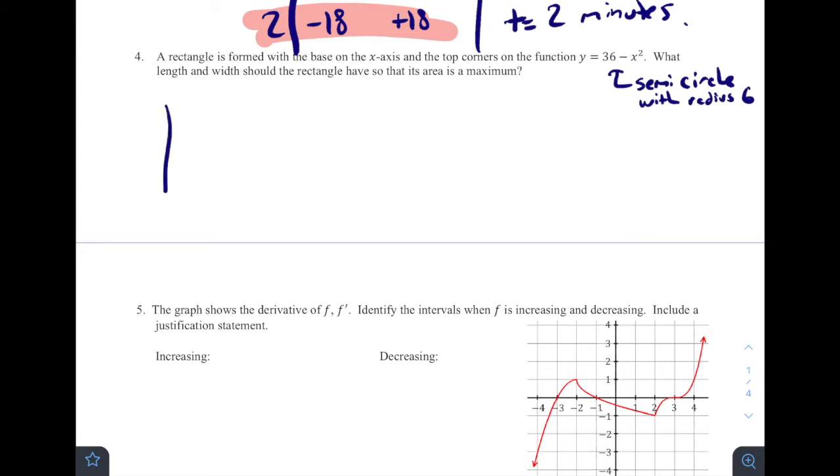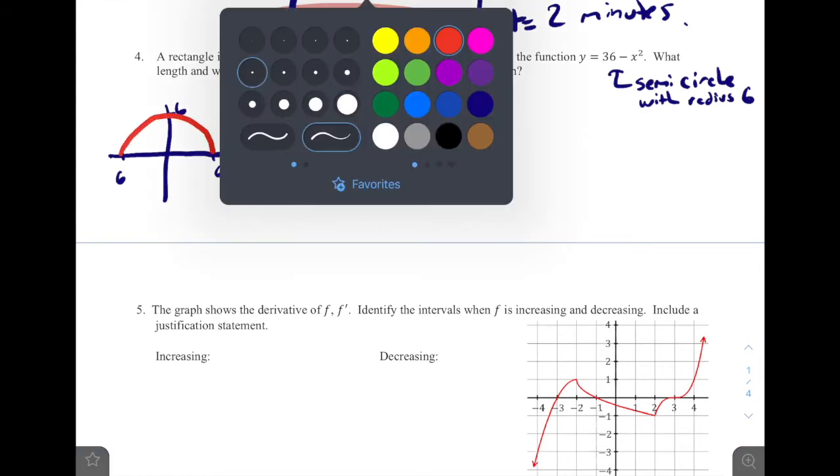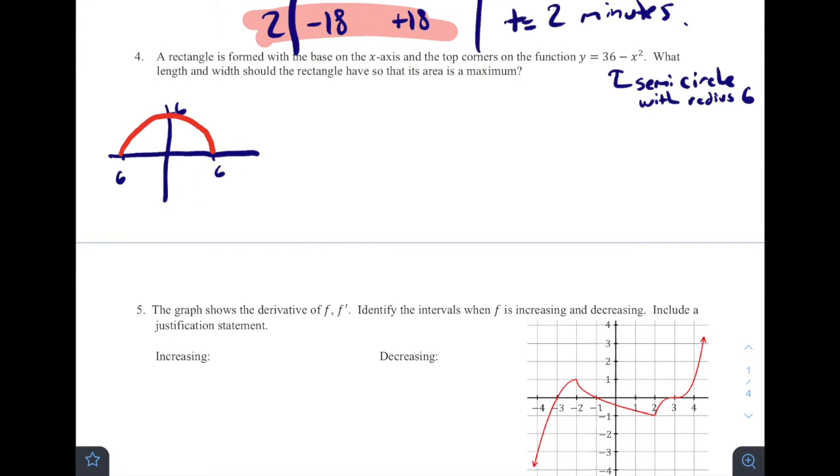And so if we take a look at a picture of this, thinking about 6 and 6 and 6, we essentially have this semicircle. And we've got our rectangle that the base is on the x-axis. So I have some rectangle, and then its sides are going up to that circle.